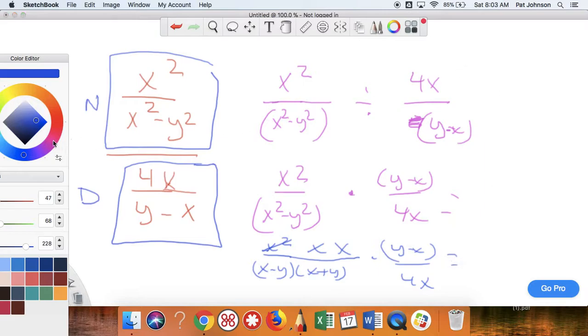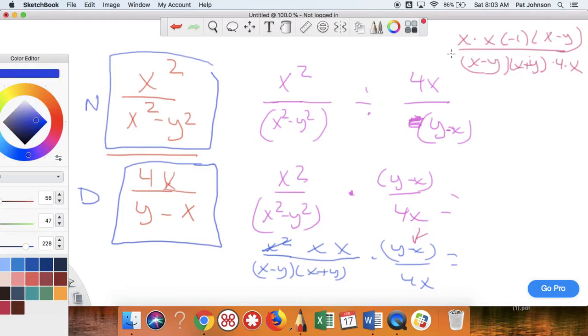So I'm going to rewrite this over here. I'm going to rewrite it x times x times, I'm going to factor out a negative 1, which changes the whole sign to this entire expression or term. So it becomes x minus y all over x minus y times x plus y times 4 times x.